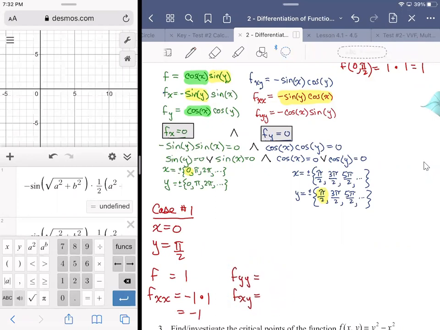Then I can get into my yy. So that's this guy. So cosine of 0. So I got a negative for the coefficient there. Cosine of 0 is a 1. Sine of pi over 2, a 1. Result -1. And then finally, the mixed, so negative built in, sine of 0.